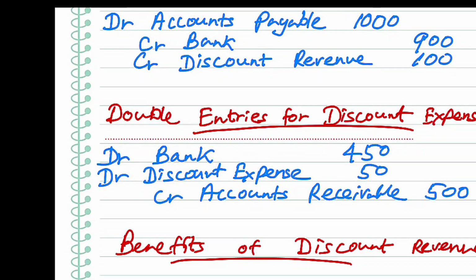Okay, one line space and write the next subtopic. Costs of discount. My bad, I made a mistake, sorry. It should have been discount expense, guys. Previous topic was benefits of discount expense. The topic now is costs of discount expense.